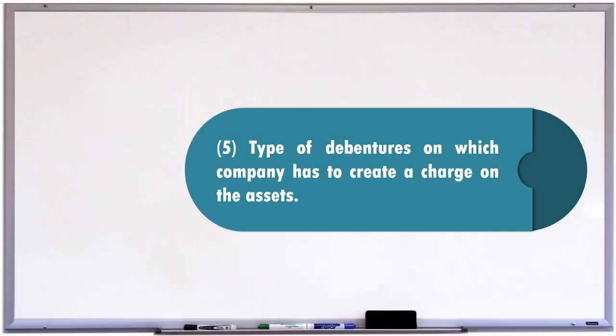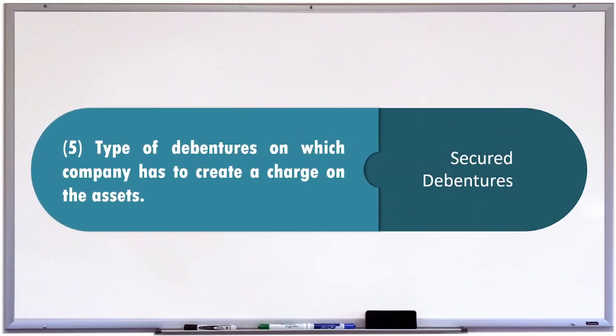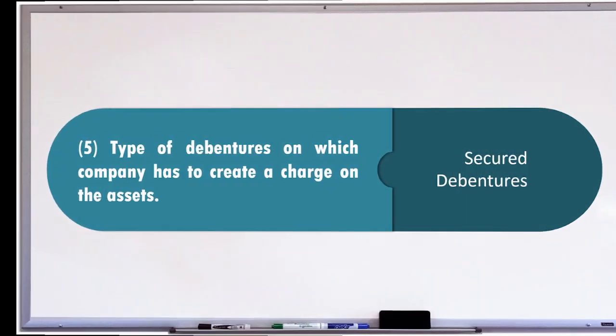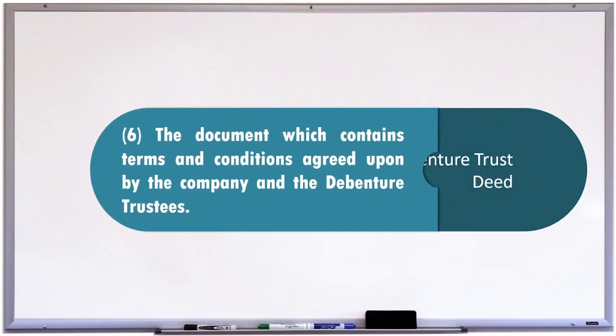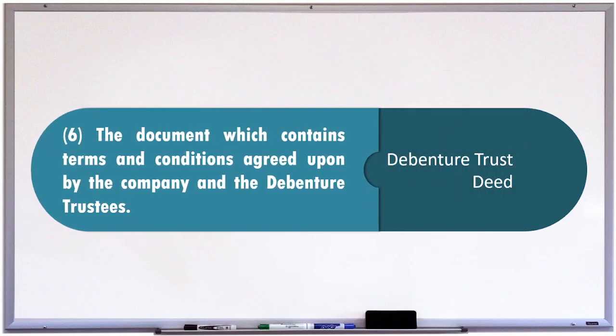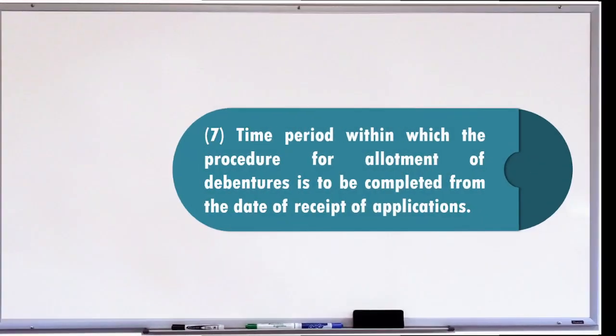5. Type of debentures on which company has to create a charge on the assets. And the answer is secured debentures. 6. The document which contains terms and conditions agreed upon by the company and the debenture trustees. And the answer is debenture trust deed. 7.